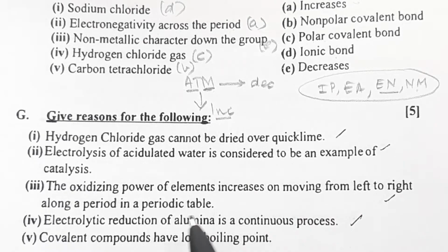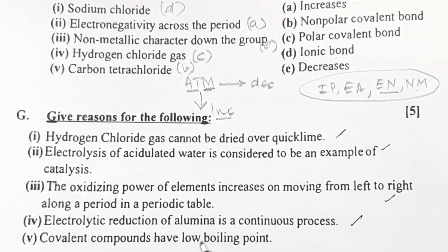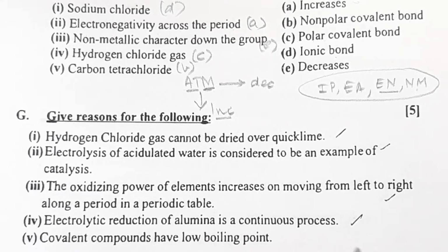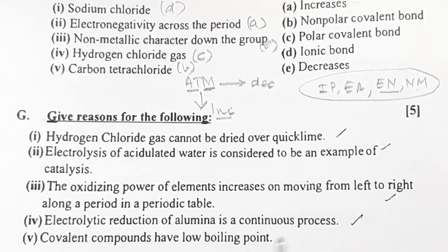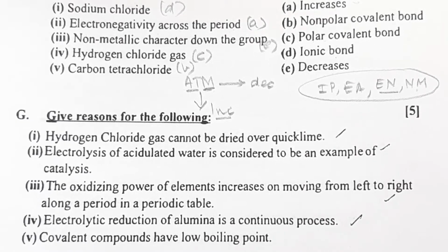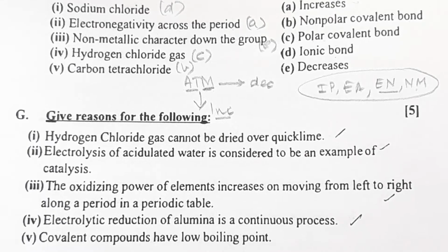And so the amount of alumina in the electrolytic bath reduces. As a result, the resistance of the electrolyte increases and the charge lamp glows. The moment the charge lamp glows, we add more alumina and that alumina again gets dissociated and it deposits aluminium at the cathode. So it's a continuous process. Why? Because of the charge lamp.